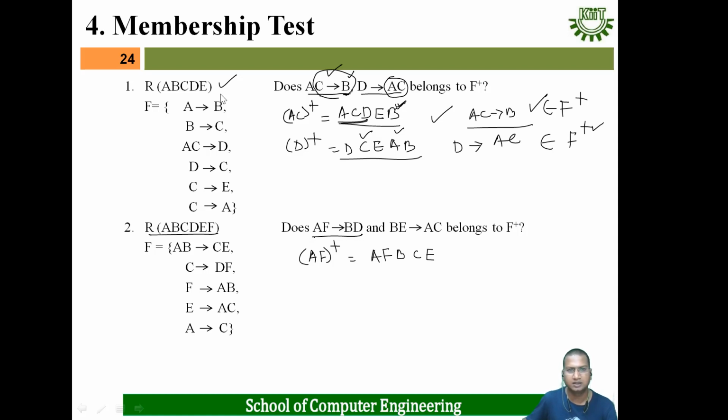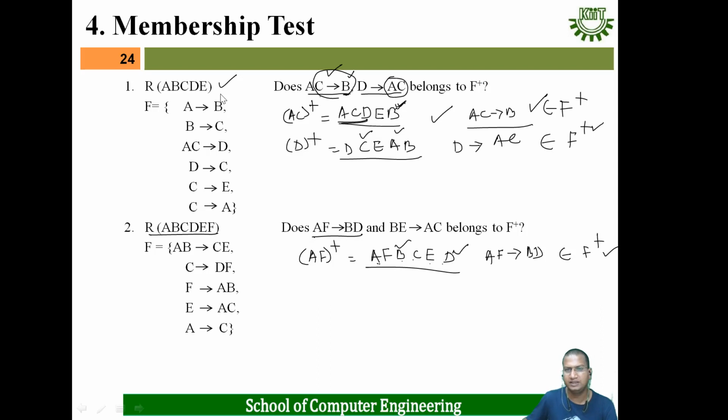Then from E, AC can be derived. AC is already present. A to C is present. C to DF, D can be derived. That means A, B, C, D, E, F, all can be derived from AF. That means BD is present here. That means AF determining BD is a member of, or belongs to, F closure. In this case, we can say that.